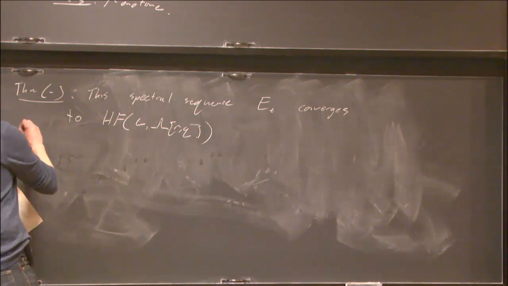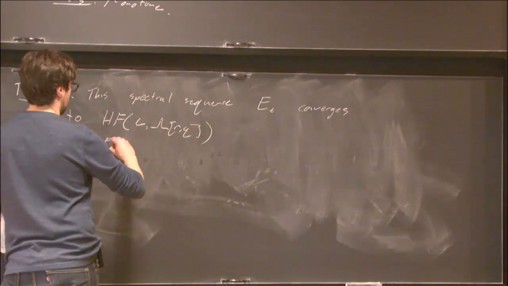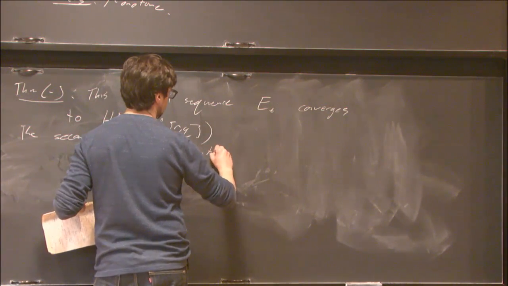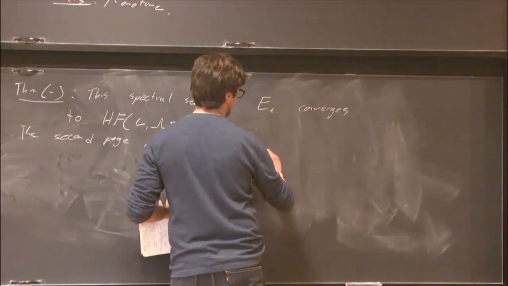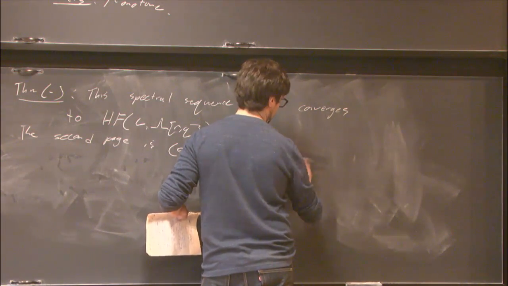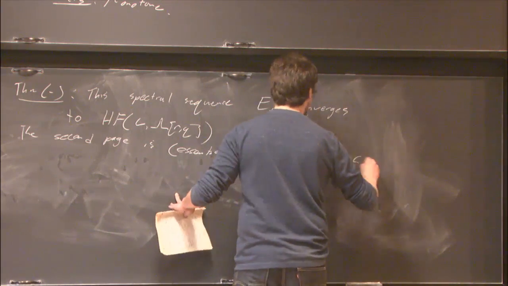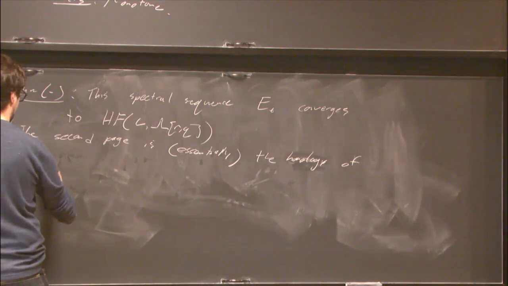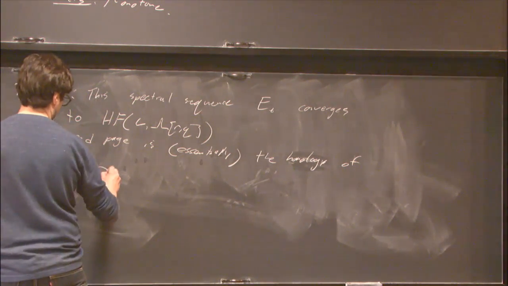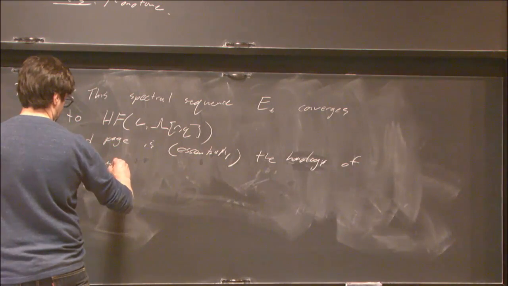Okay, and then the second page is, let's say, essentially the homology of this chain complex. We'll say CFL with differential something along the lines of d_B Morse.